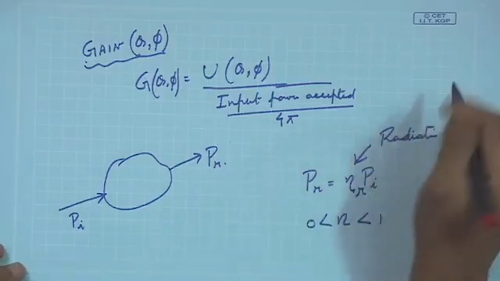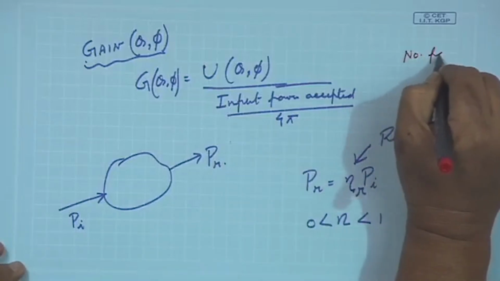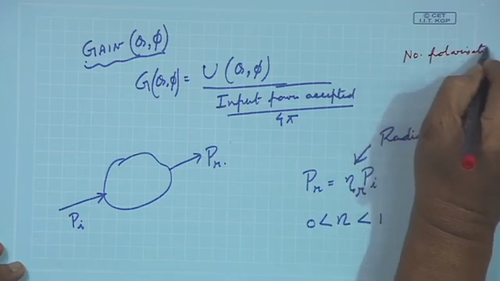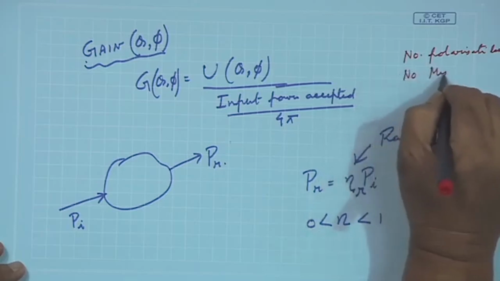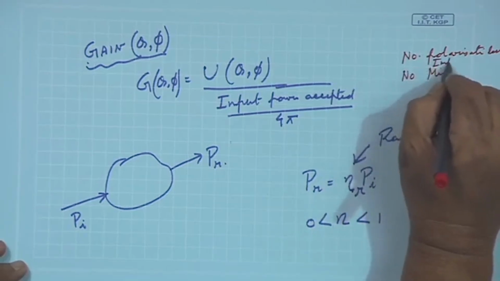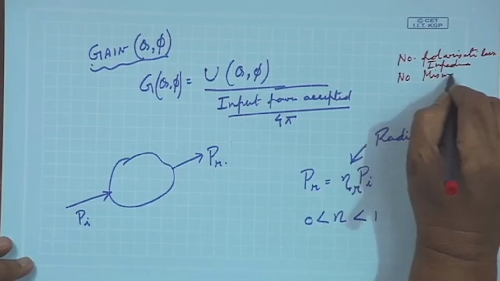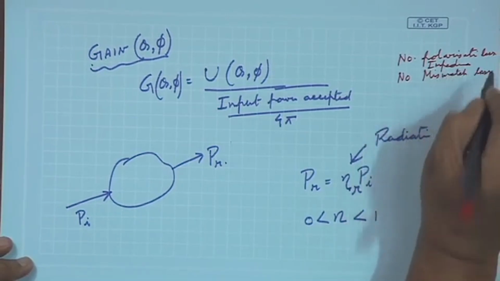That is why gain gives you much more information. Apart from the directive nature, it also says what the radiation efficiency of the antenna is. Please remember that this is subject to no polarization loss and no mismatch loss.